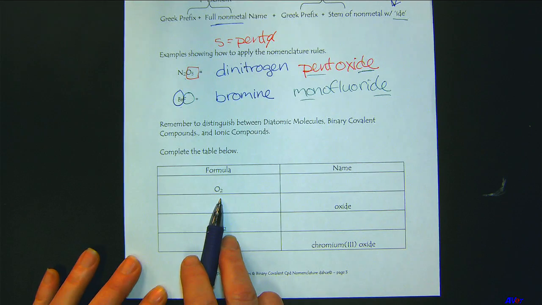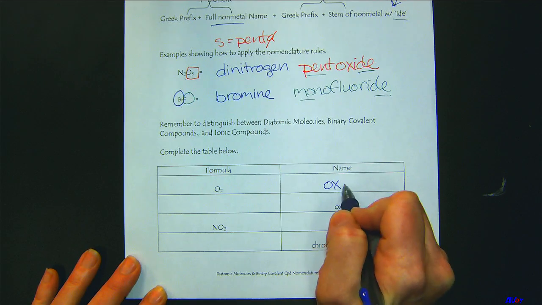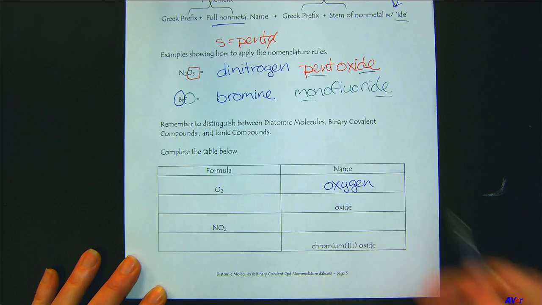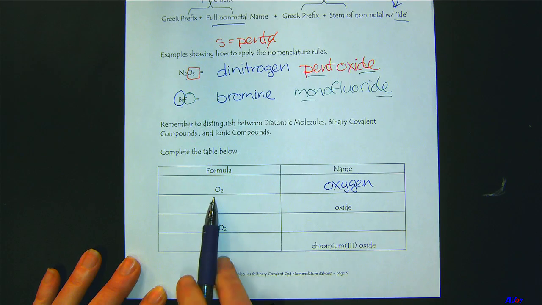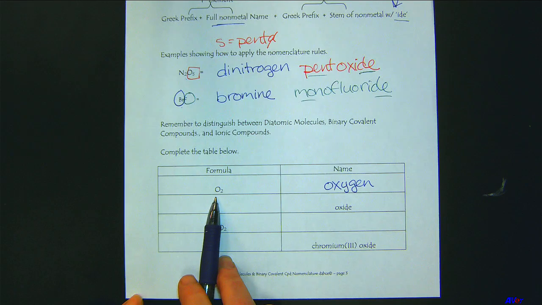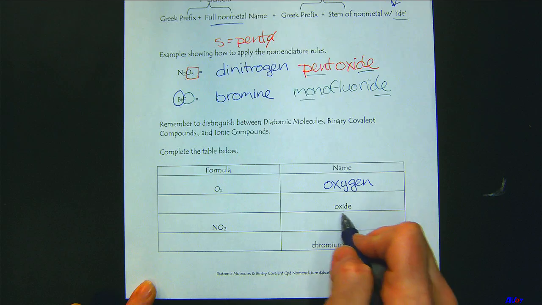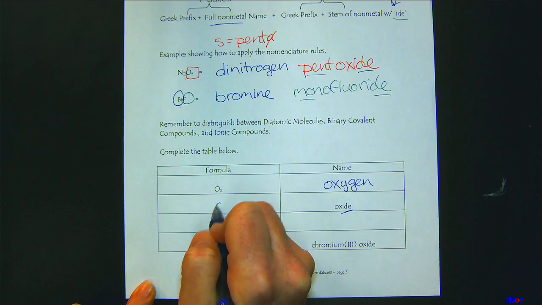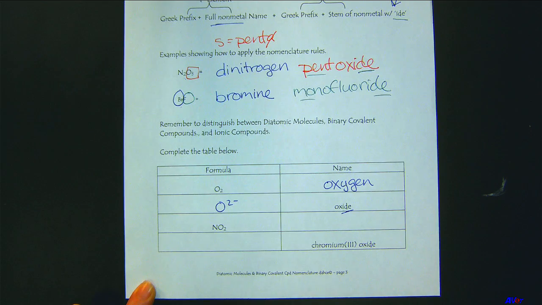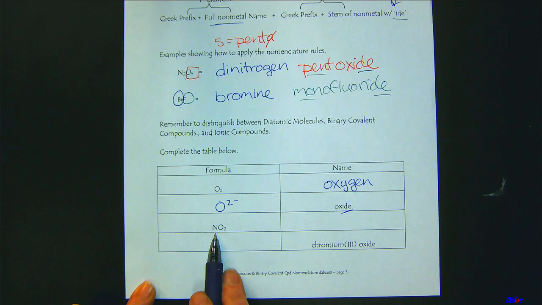So when we see O2, we recognize that as oxygen. That's the oxygen we breathe, because oxygen is part of the have no fear of ice cold beer gang. Oxide, the suffix lets us know O2 minus. All right, now here we have nitrogen.